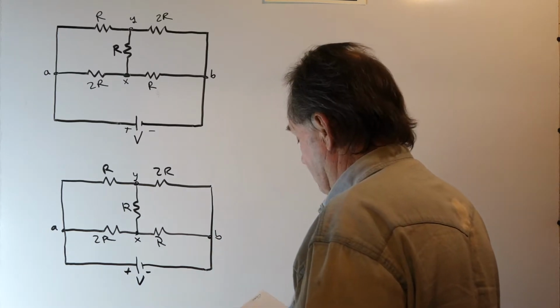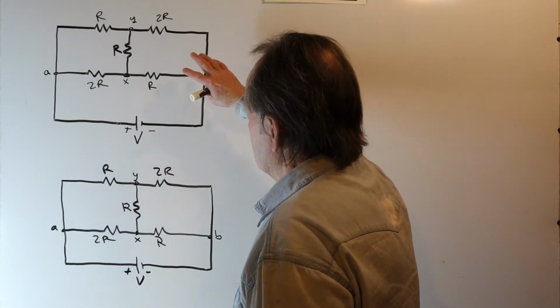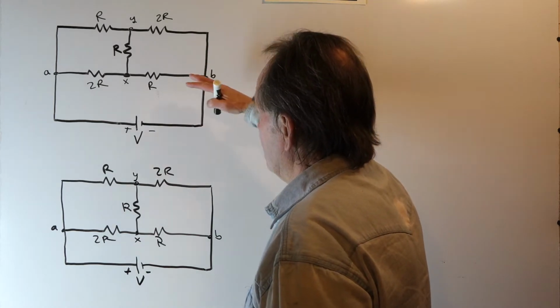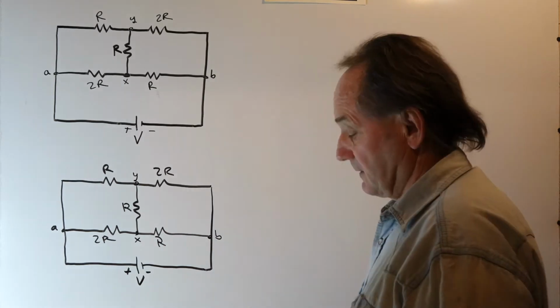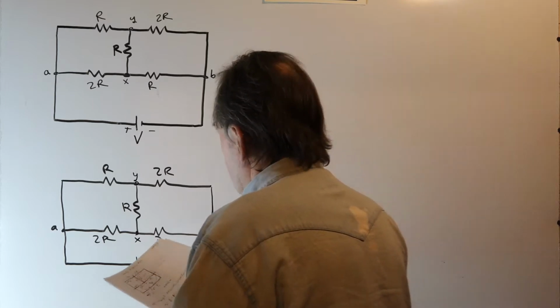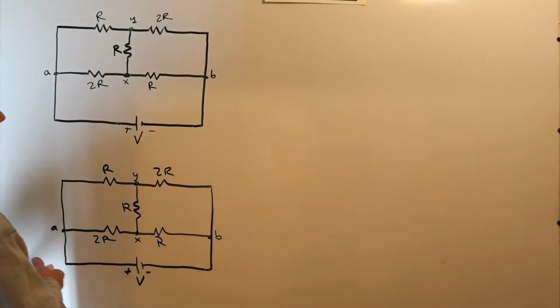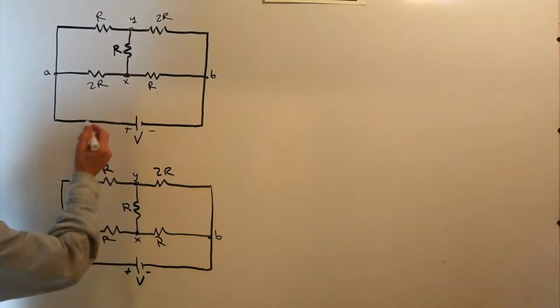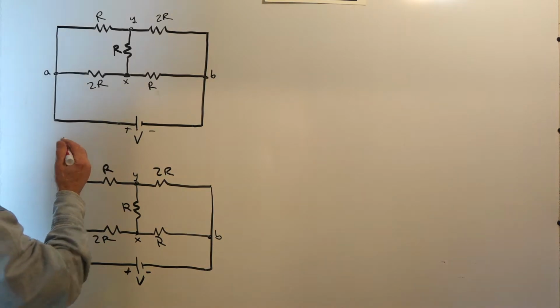I have the network drawn twice here to illustrate different loop currents that we can use to solve the network. Now, what I'm going to do is first show the designations of the unknowns that the video asked for a person to solve.